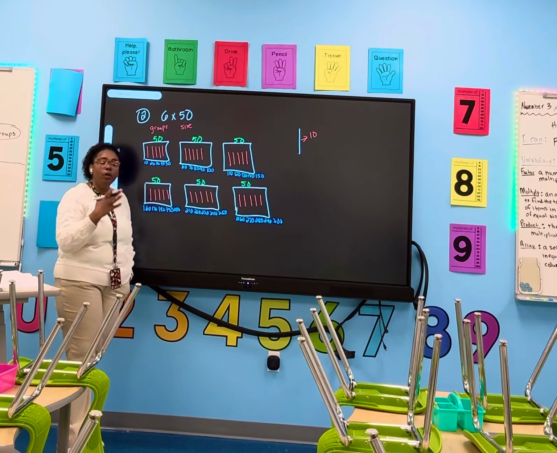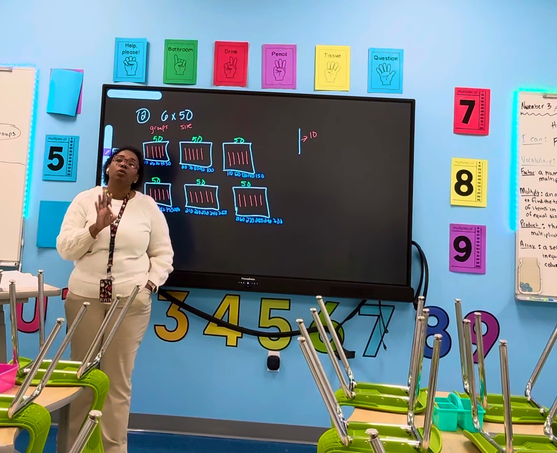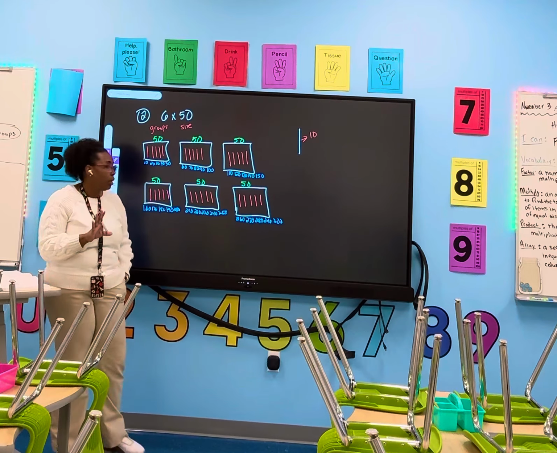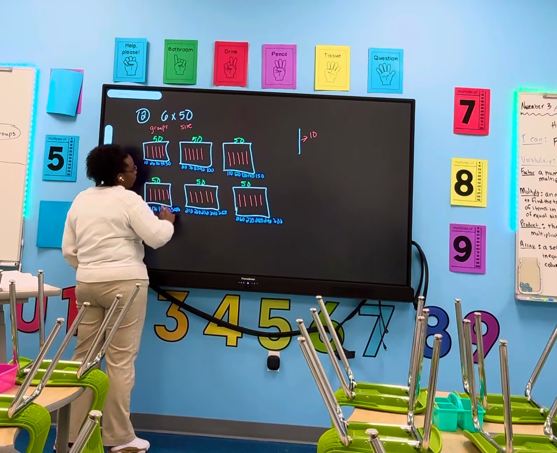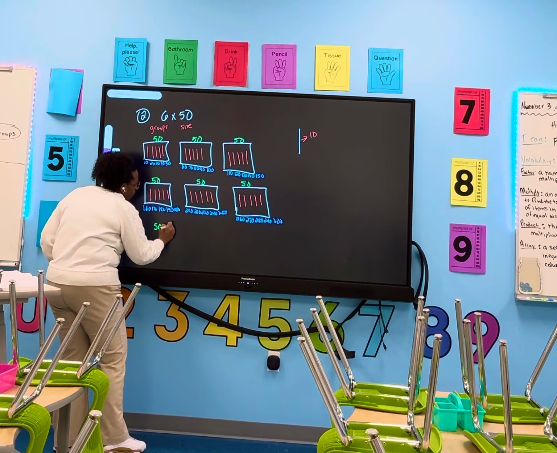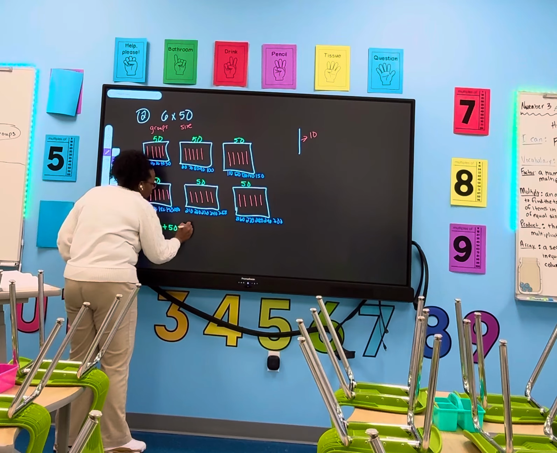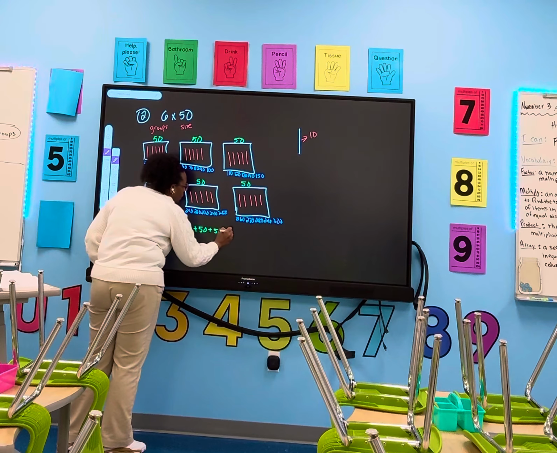Or we can always go back to our equations. You can write a repeated addition equation, because I know that each of these has 50. I can add all my 50s together. So you can do 50 plus 50 plus 50 plus 50 plus 50 plus 50.